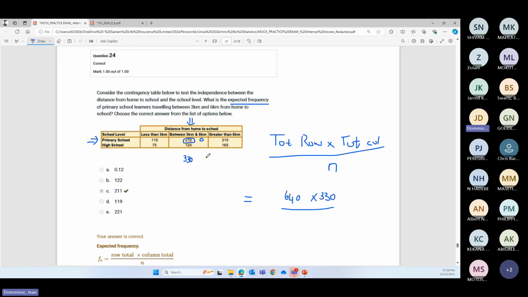I would have guessed it's 1,000, and it is 1,000.